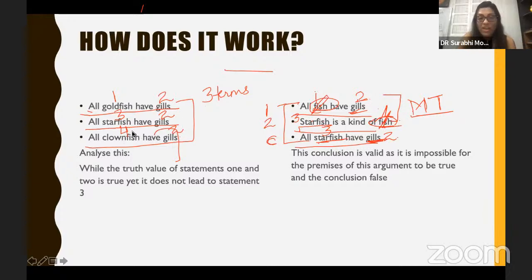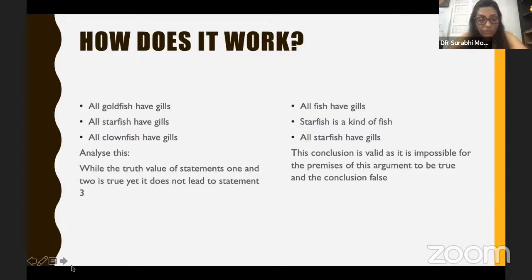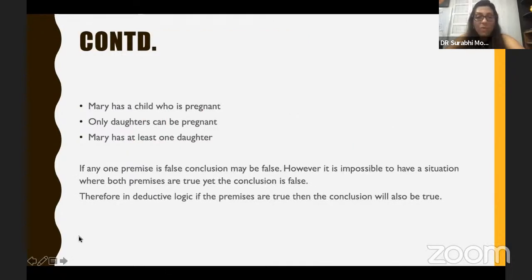But in this, we have used 4 terms. Hence, this is not a valid syllogism. Right? So if the middle term is clear, please give me a thumbs up. And then we will look at the next set of questions.